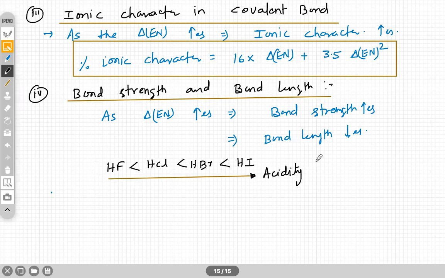Acidity increases. So these are the applications of electronegativity. Done.